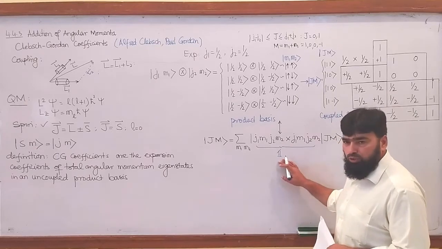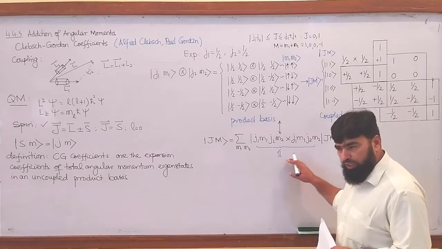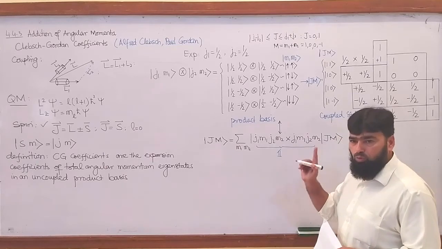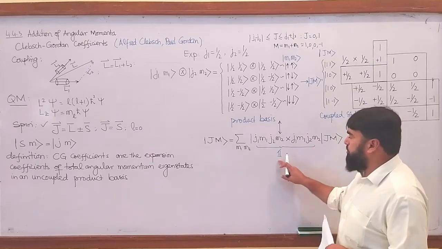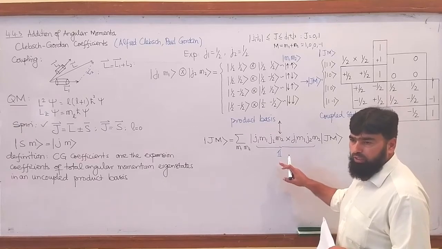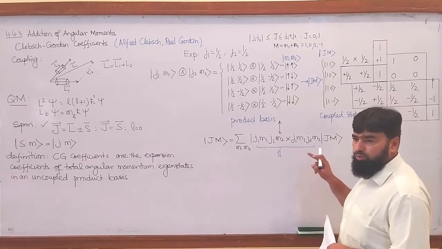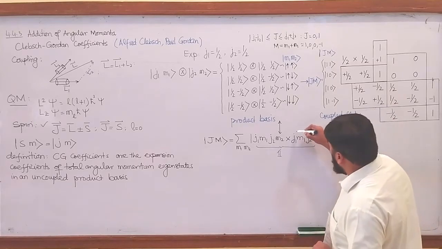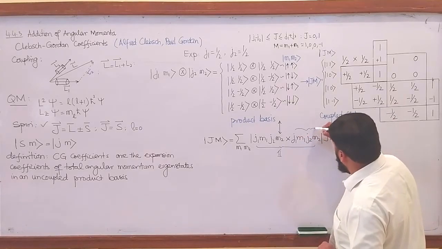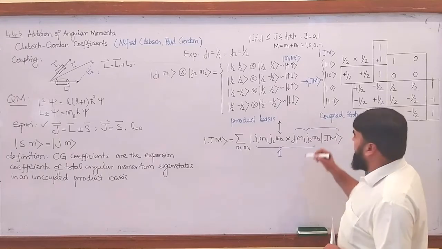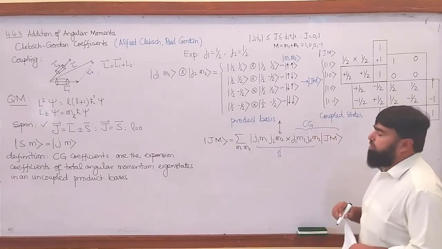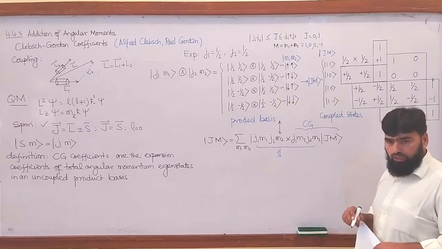In vector space, you say that these are the unit vectors. When they are multiplied with each other, we will get 1, like x unit vector dot x unit vector, y dot y unit vector, they will give you 1. And when these two are multiplied, they will give you the Clebsch-Gordan coefficients. Clear?